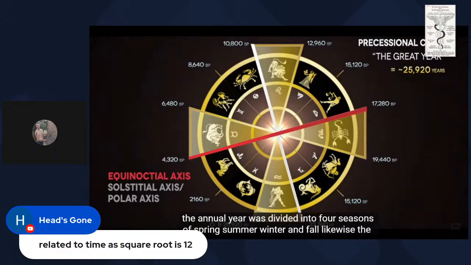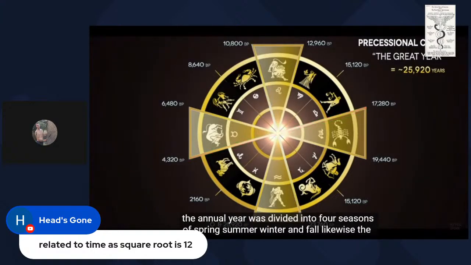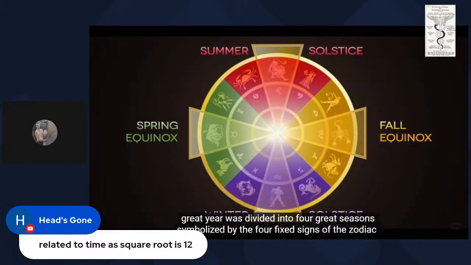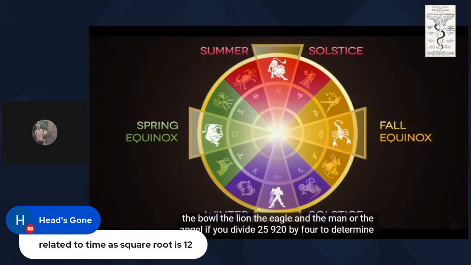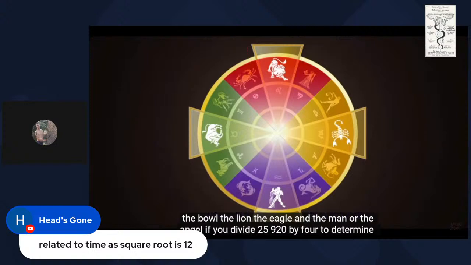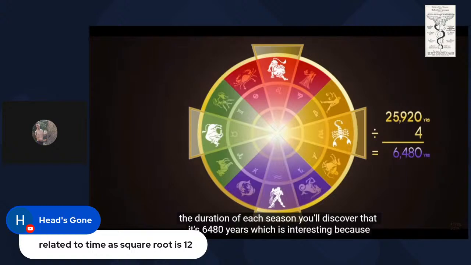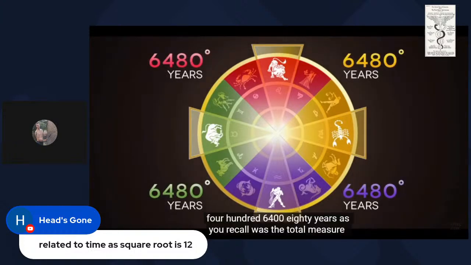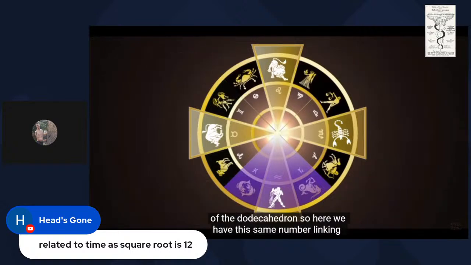That great year was considered to be analogous to our annual year. And just as the annual year was divided into 4 seasons of spring, summer, winter, and fall, likewise the great year was divided into 4 great seasons, symbolized by the 4 fixed signs of the zodiac: the bull, the lion, the eagle, and the man or the angel. If you divide 25,920 by 4 to determine the duration of each season, you'll discover that it's 6,480 years, which is interesting because 6,480 years, as you recall, was the total measure of the dodecahedron.